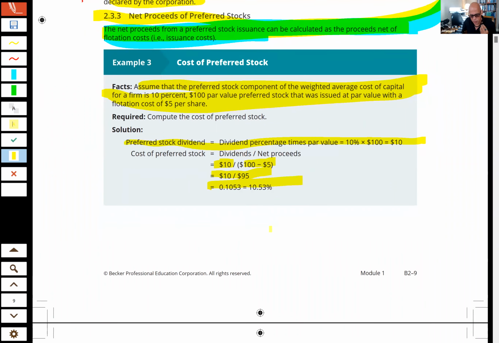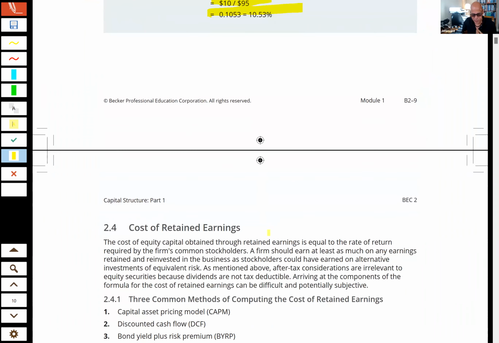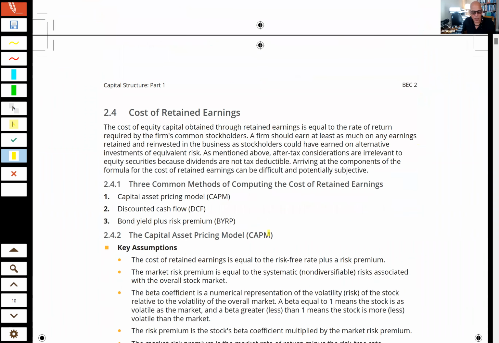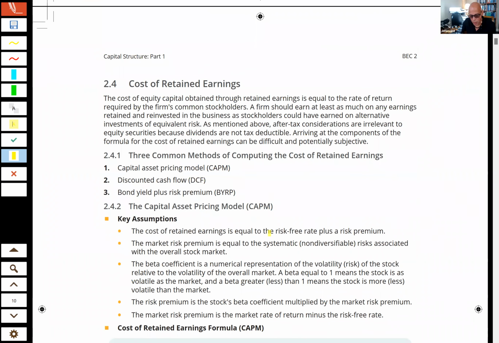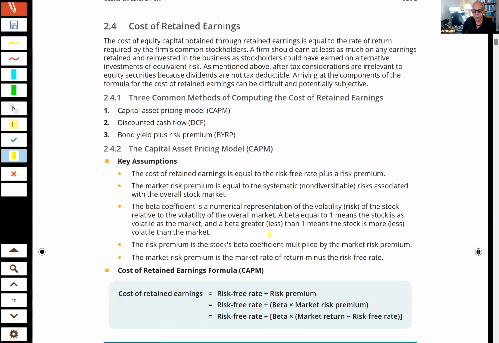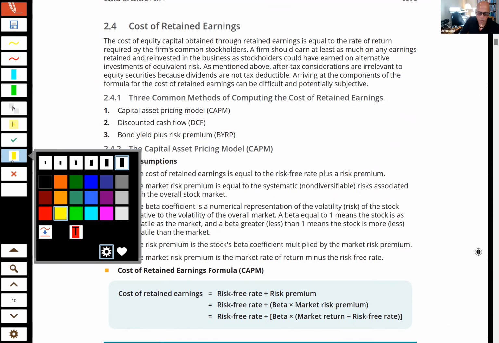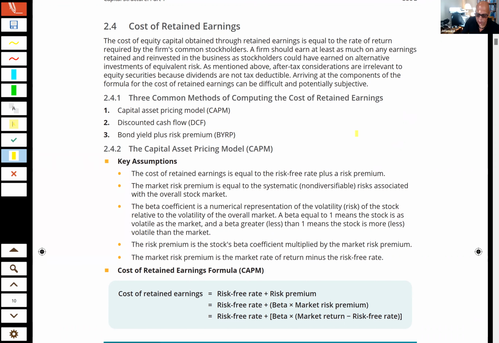Okay, where it gets a little more entertaining for us here is when we start talking about the cost of, and they're calling it the cost of retained earnings, but really it's dealing with that final component of the weighted average cost of capital, now the cost of using the common stock. And sometimes they'll call that the cost of retained earnings. So the cost of capital, equity capital obtained through retained earnings is equal to the rate of return required by what? The common shareholders.